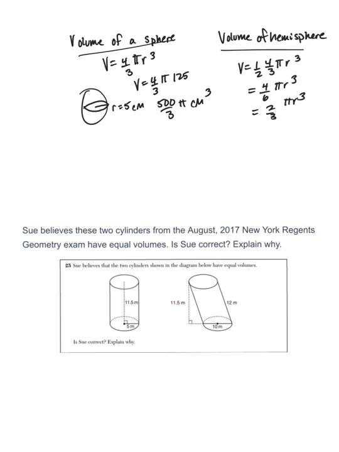So for this question, we would have 2/3 pi times r cubed, which is 5 cubed, 125. So this would just be 250 pi over 3, which makes sense because a hemisphere is half of a sphere.